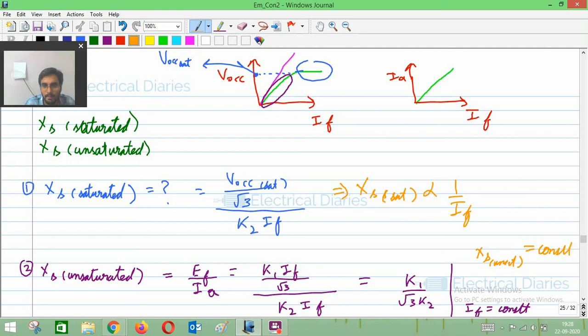So excess unsaturated is constant, and your excess saturated is inversely proportional to your field current. If you remember these two curves and your equivalent circuit, then you will never confuse excess saturated and excess unsaturated. So this is all about the concept of this video. That is how you need to approach such questions.